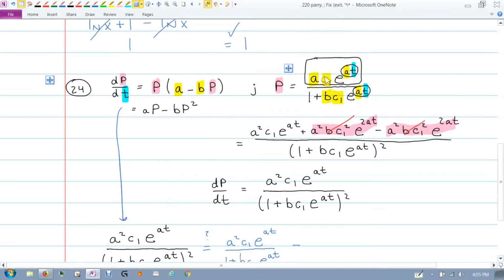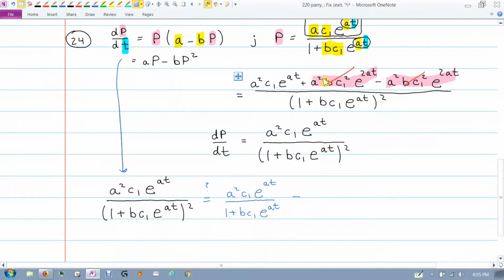Let's talk about what it would mean to square this. Maybe I should do that up here. What is p squared? It would be a squared, c sub 1 squared, then e to the 2at, because all I'd be doing is squaring each of those factors. Then on the bottom, I just square the whole thing, so I'm going to write 1 plus b c sub 1 e to the at in parentheses and square it. I'm happy to see that because that does appear on my left-hand side.